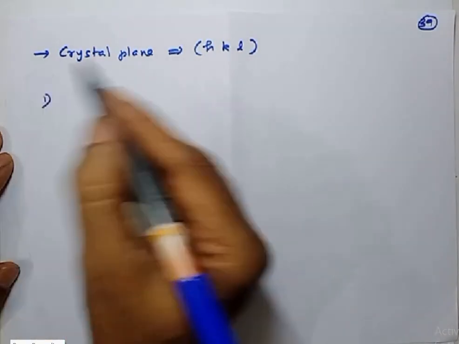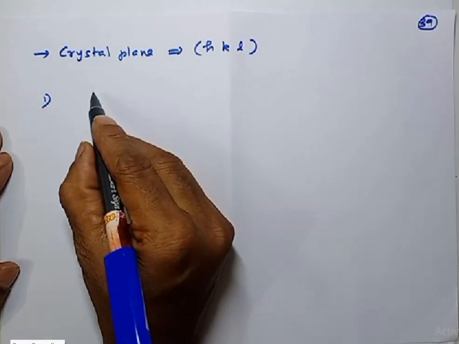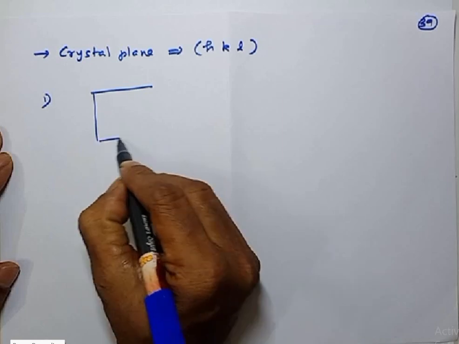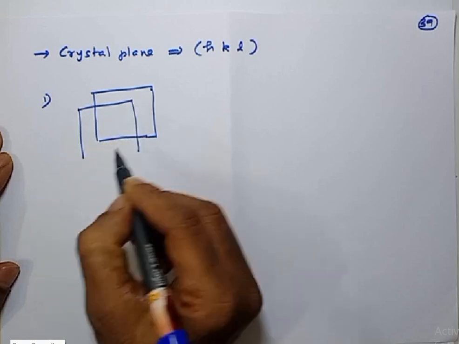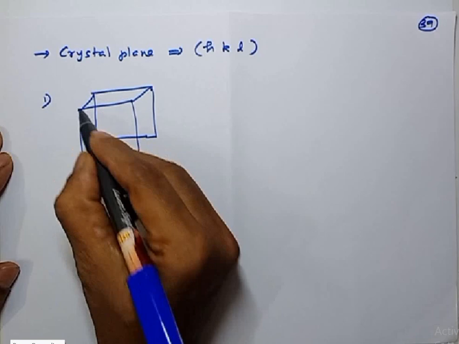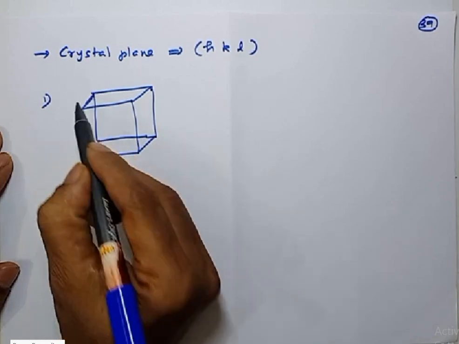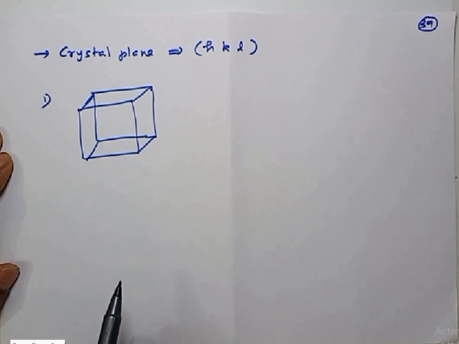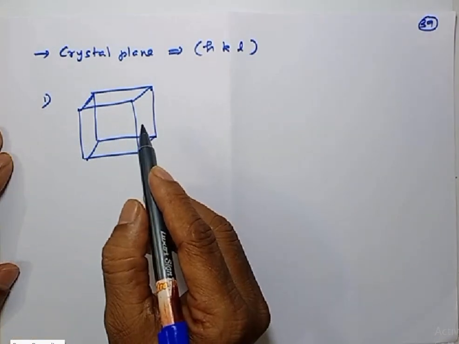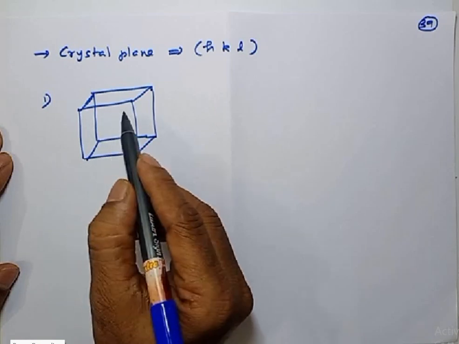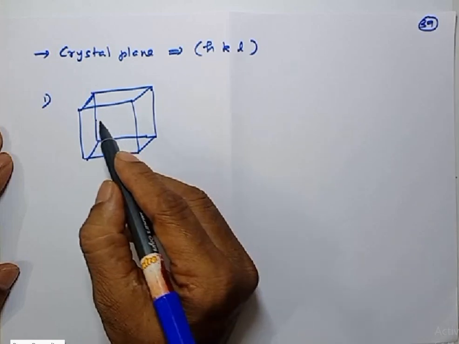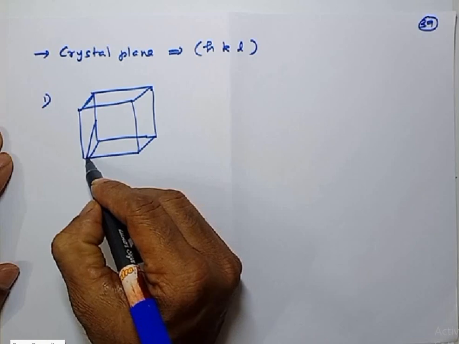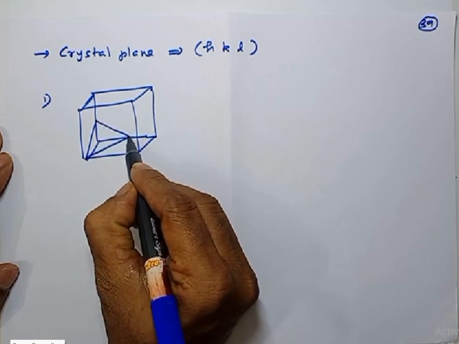I'll give a plane. You try to find out the Miller indices for this plane.